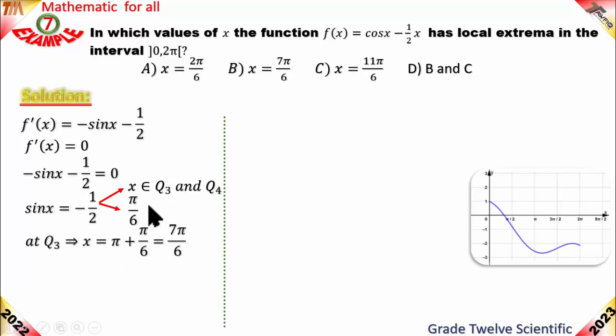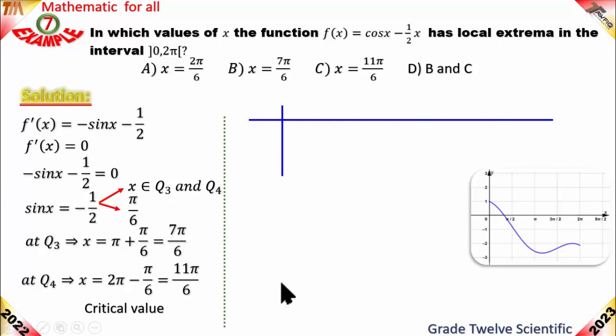At the third quarter, x is equal to pi plus pi over 6. 6 times pi is 6 pi plus pi is 7 pi, that means it is 7 pi over 6. At the quarter number 4, x is equal to 2 pi minus pi over 6. 6 times 2 pi is 12 pi minus pi is 11 pi over 6. They are the critical values.